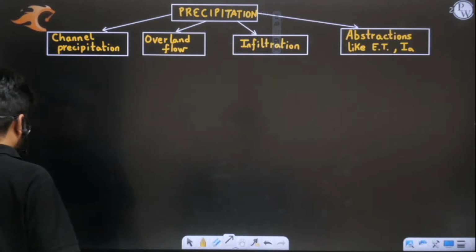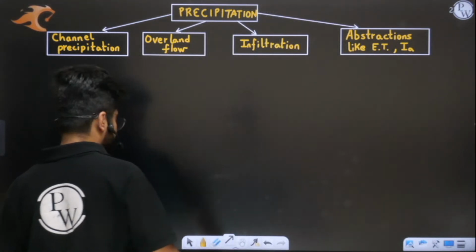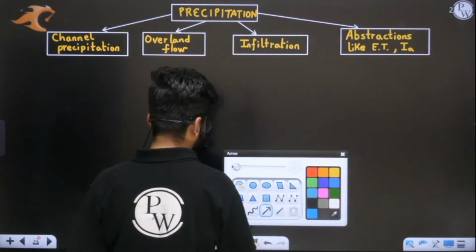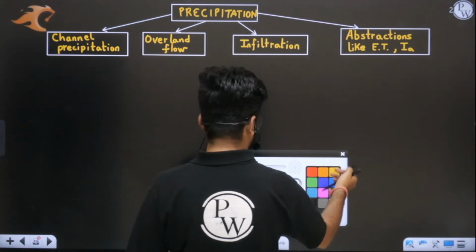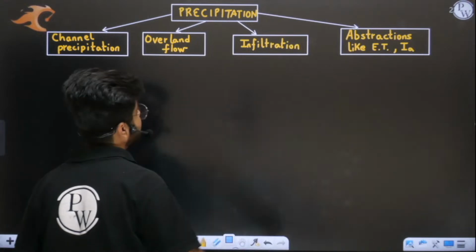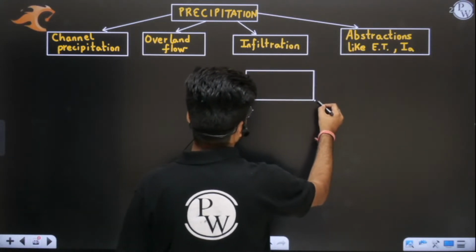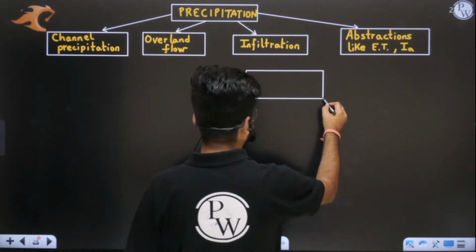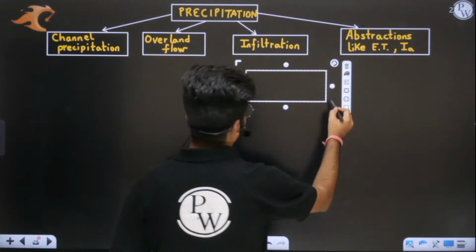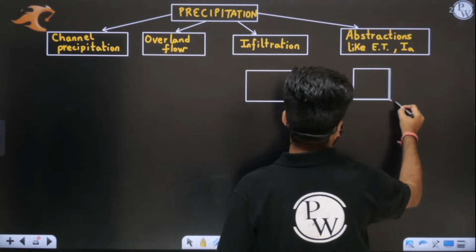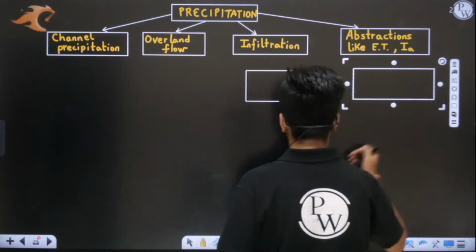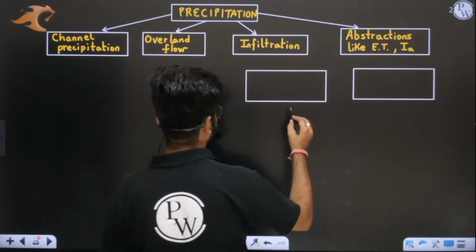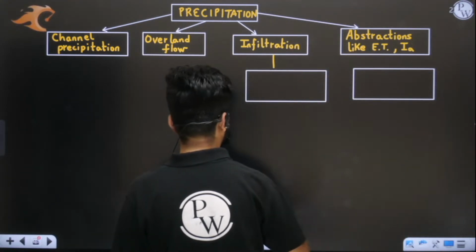Now you need to understand that from this infiltration, two components arise. This is the first one, and this is the second one. So from infiltration we have basically two components.